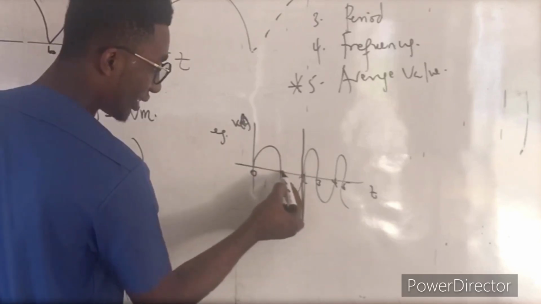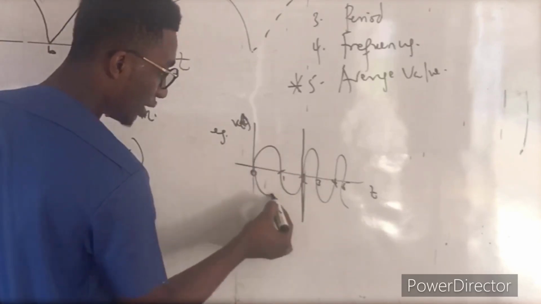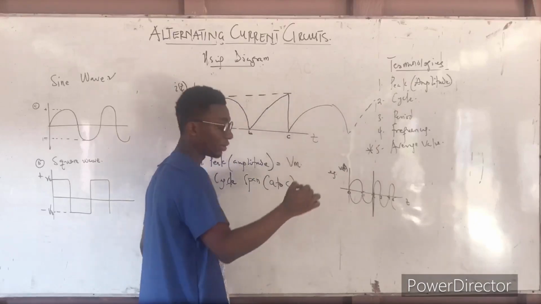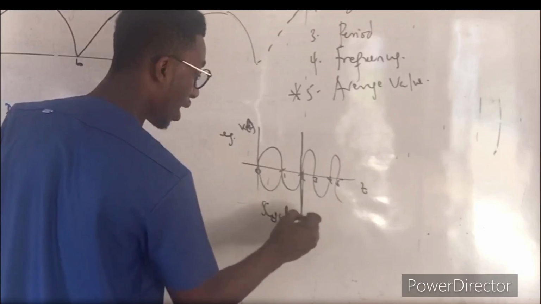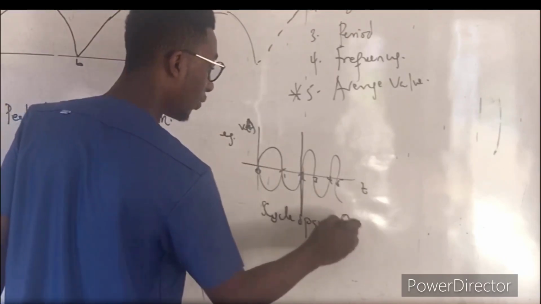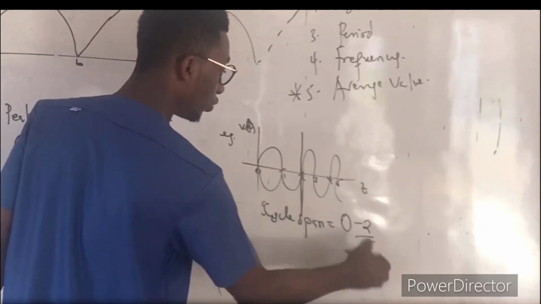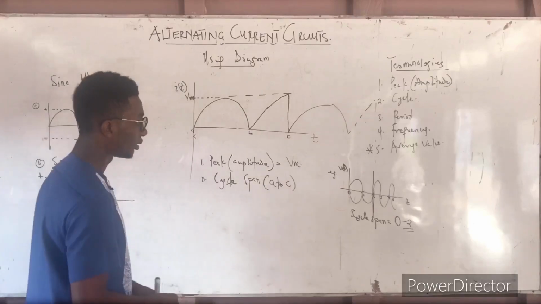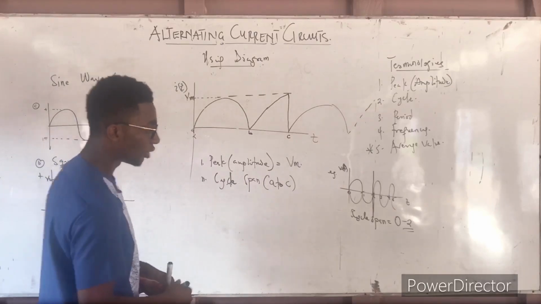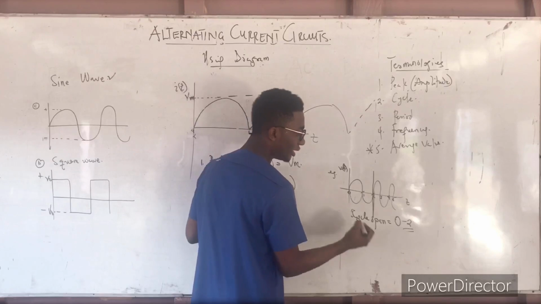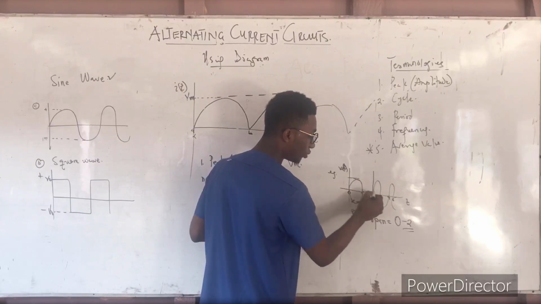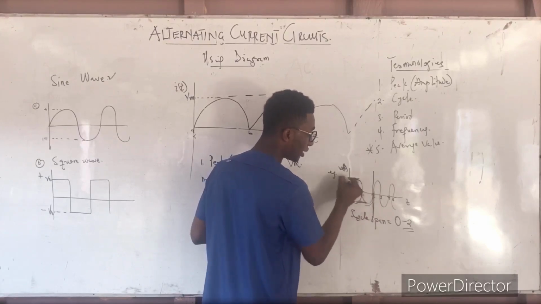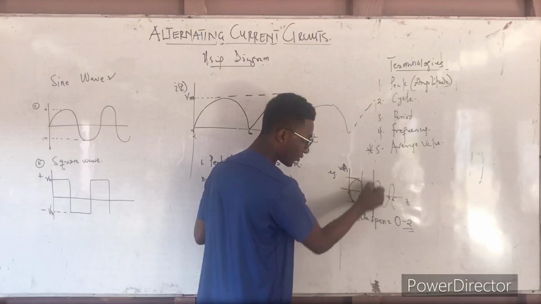You can cut the whole of this and join it up to this place, and it makes a complete shape, a complete cycle. So the cycle span for this particular waveform will be from 0 to 2. The main reason is that we alternate. This is the peak value, here to this is the peak value. If you add the two of them, the absolute value is still the same as the peak value. So this is the full cycle, one cycle.